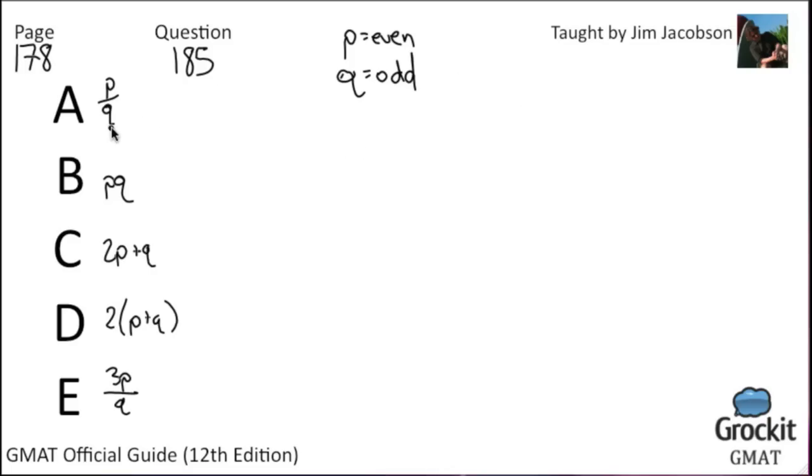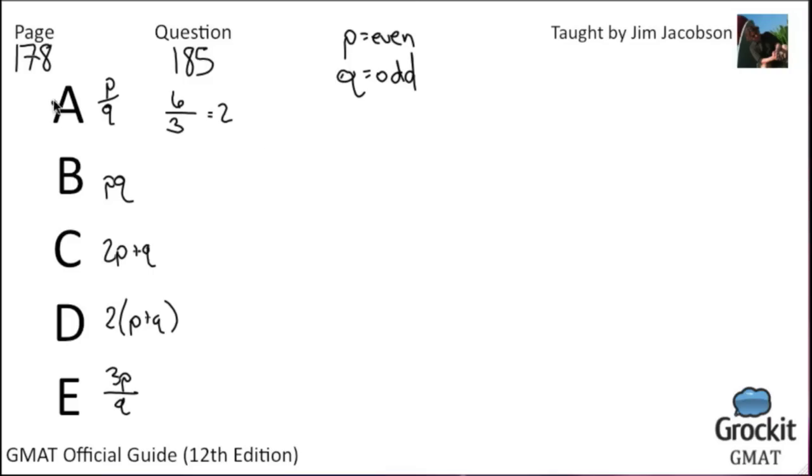Let's choose P over Q. Now, you can pick numbers or you can just reason your way through. P divided by Q, an even number divided by an odd number. If P is a multiple of Q, let's just say P is 6 and Q is 3, 6/3 would equal 2, which is an even integer.